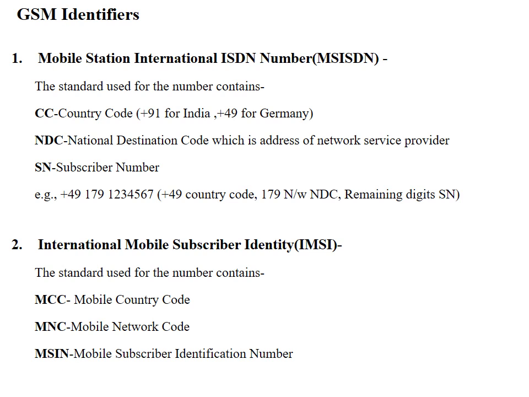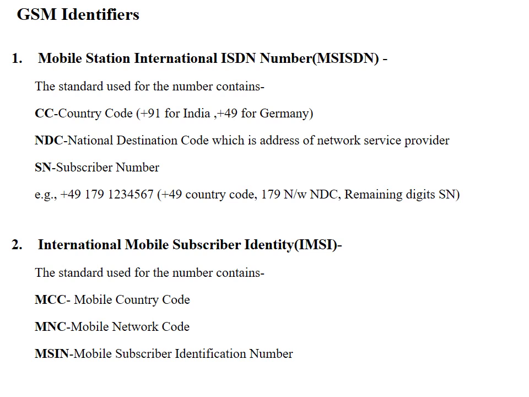The standard used for the number contains CC, that is the country code, then NDC, the national destination code, which is the address of the network service provider, and SN, the subscriber number. So by grouping these three codes, we can form one mobile phone MSISDN number.